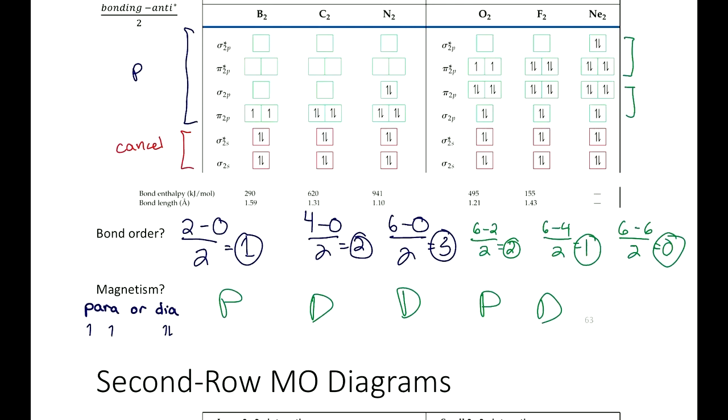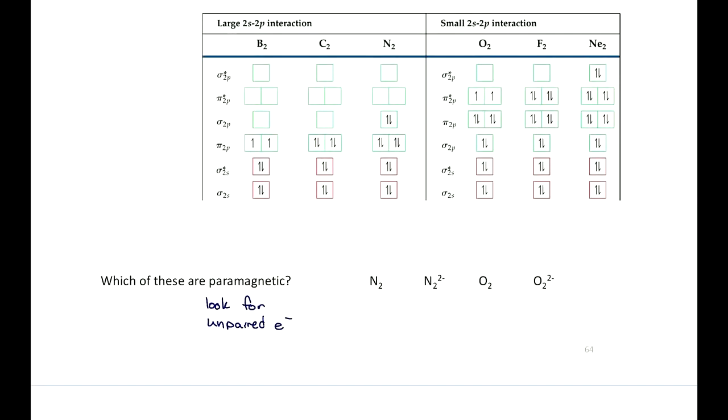Right, all of these examples are charge neutral. So let's look at some other examples. I'm going to keep this diagram up because it's nice to reference it. Let's look at these examples. Which of these compounds are paramagnetic? What we're doing is looking for unpaired electrons, right?